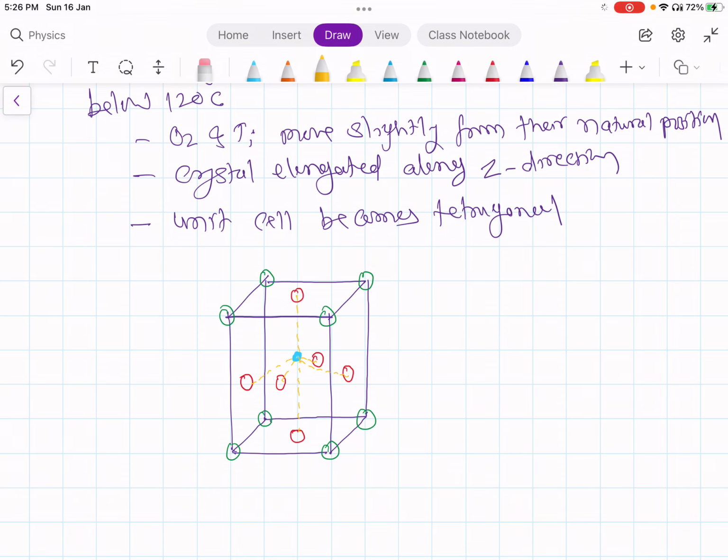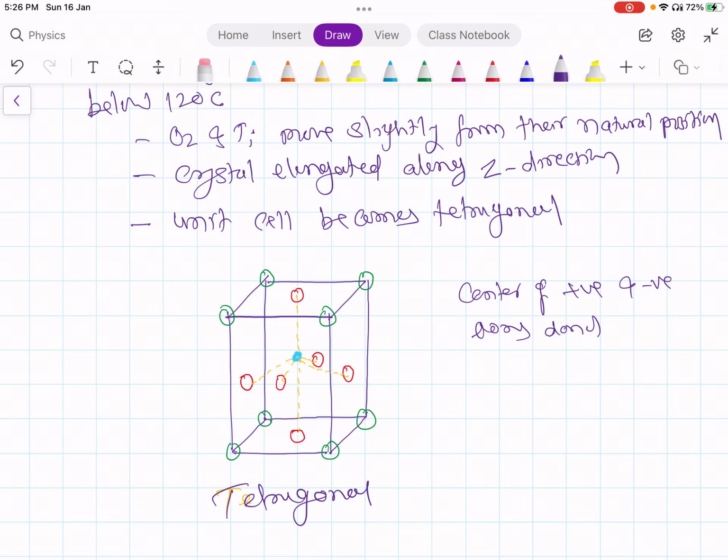So this is what we get below 120 degree. That unit cell becomes tetragonal. And when the unit cell is tetragonal, center of positive and negative ions do not coincide.